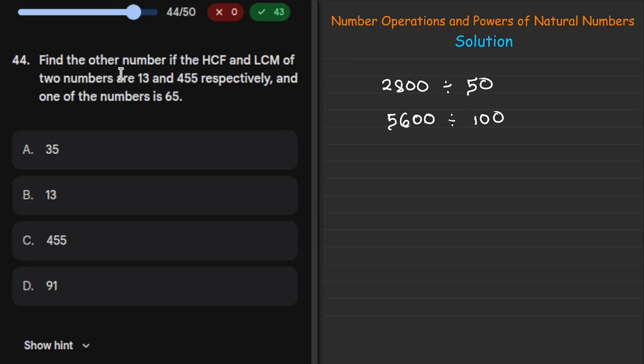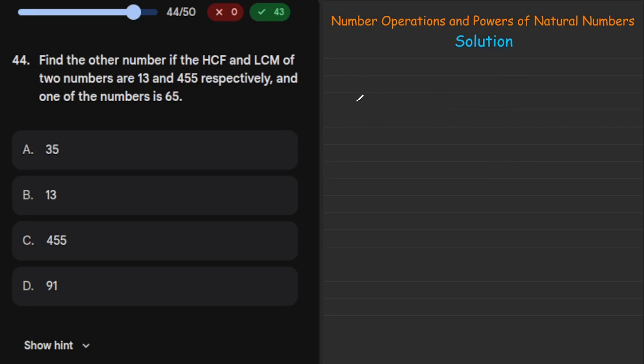It says find the other number if the HCF and then the LCM of two numbers are 13 and 455 respectively, and one of the numbers is 65. We've done most of these as well.